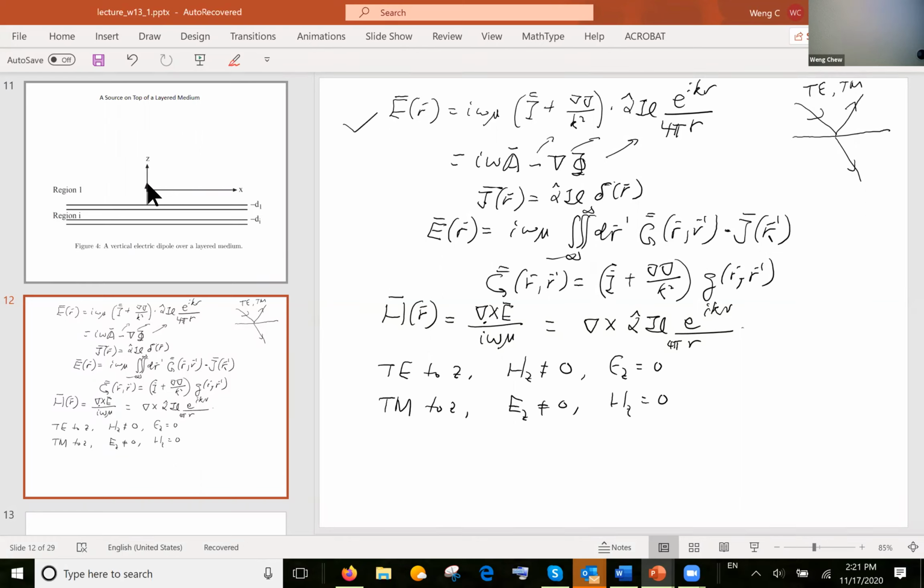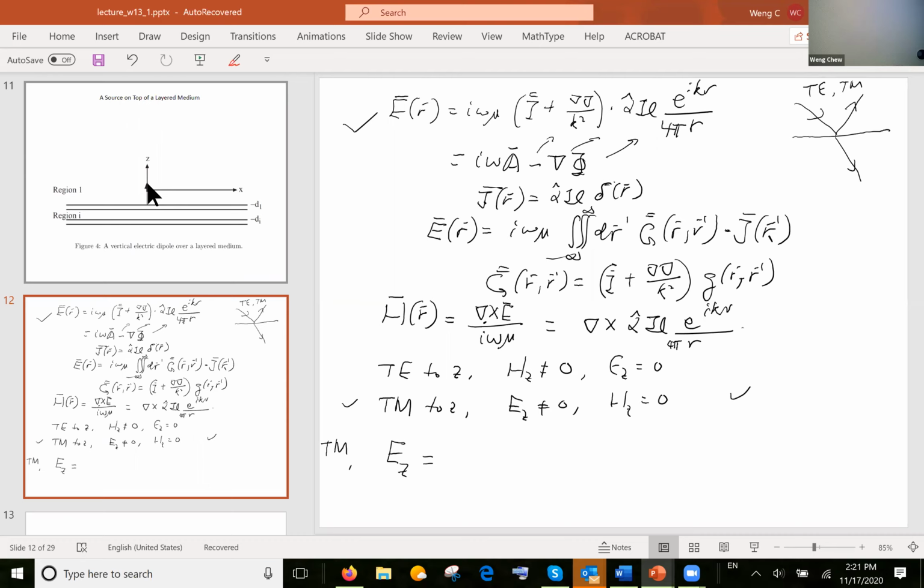Okay, with this hindsight, we may as well pick up the TM component, for instance. If you want the TM component from this, we find Ez. We want TM, so we look for Ez not equal to 0, and then you look for terms that give you Ez not being equal to 0. It's quite easy to do.